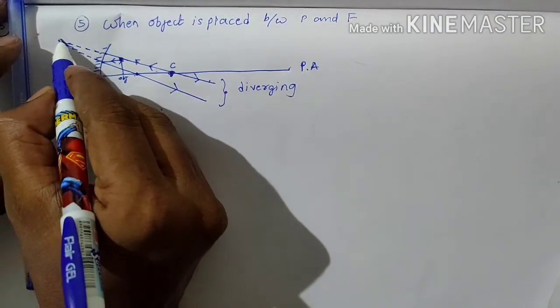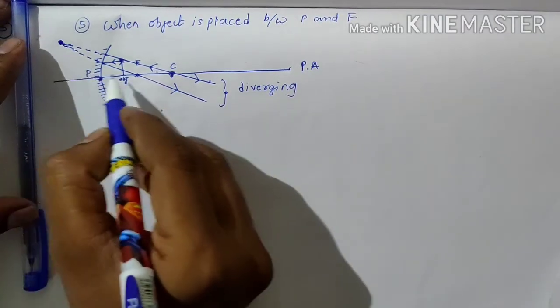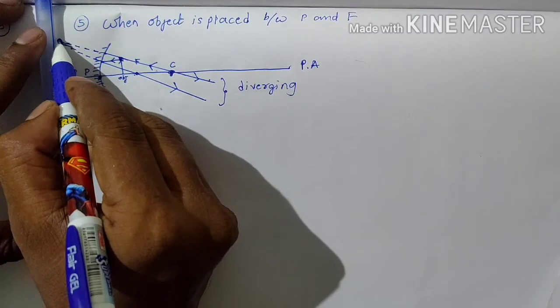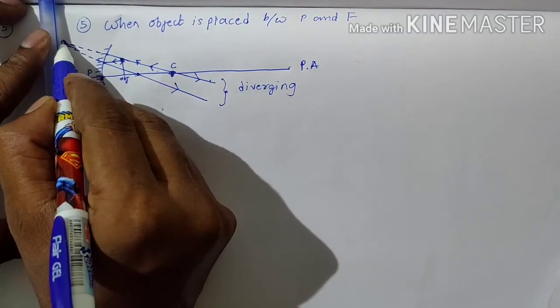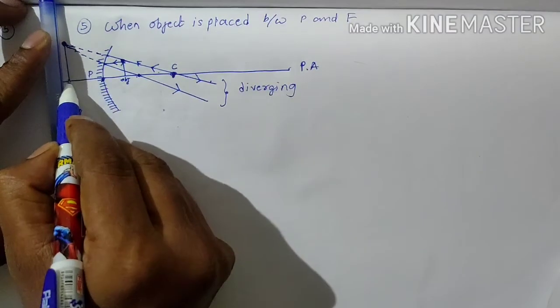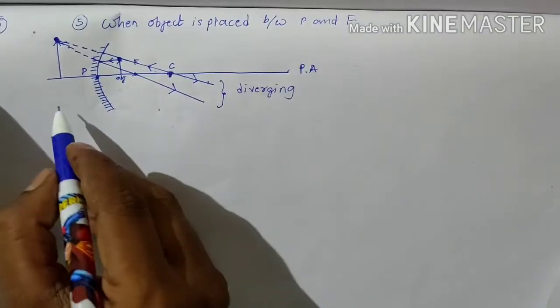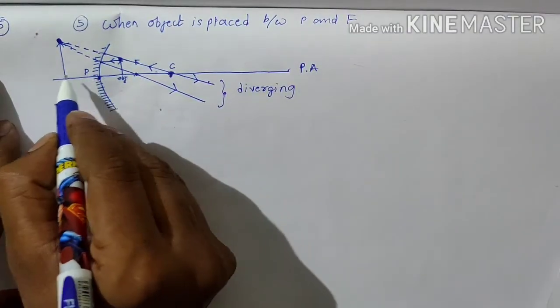That means here you will get the image of this object. You draw a line from this point to the principal axis, and you will get the image here. So here the image is formed behind the mirror.